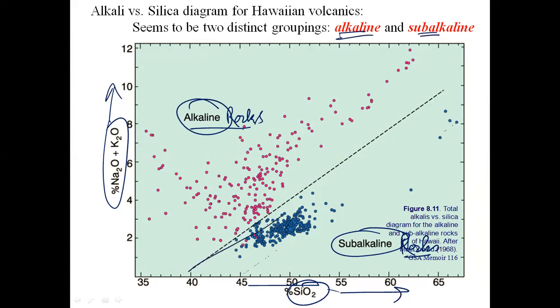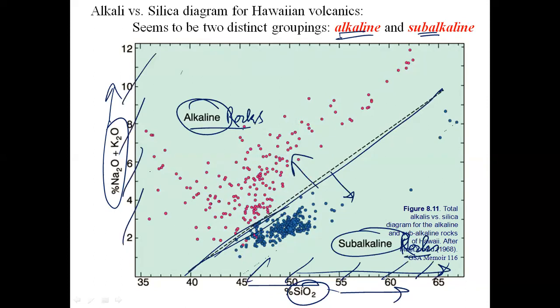And this is the line that separates these two fields. Here your alkaline, here your subalkaline, and you can see this is very siliceous, silica increasing this way. This is very much alkaline in nature because alkali increases this way.